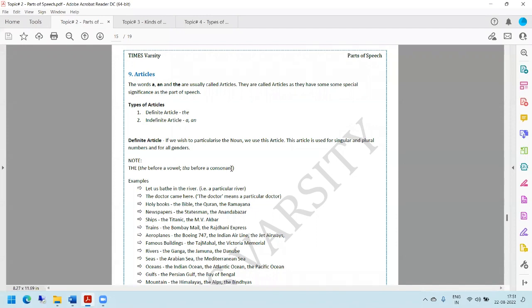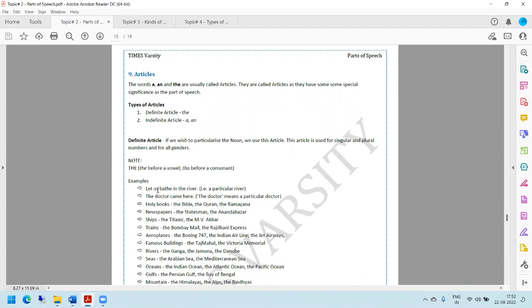For example, now here, let us bathe in the river. So you see, river is a noun, right? So what we say, the definite article, if we wish to particularize a noun, we use this article.